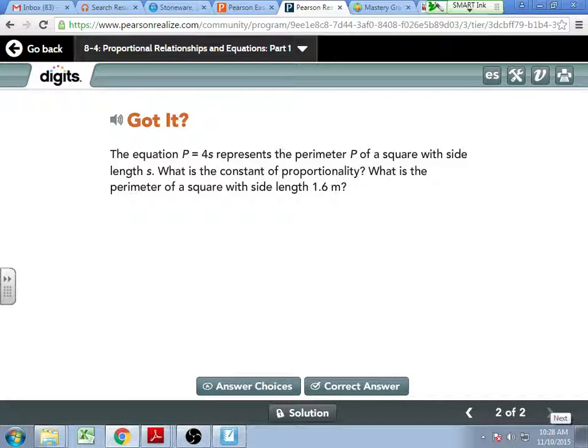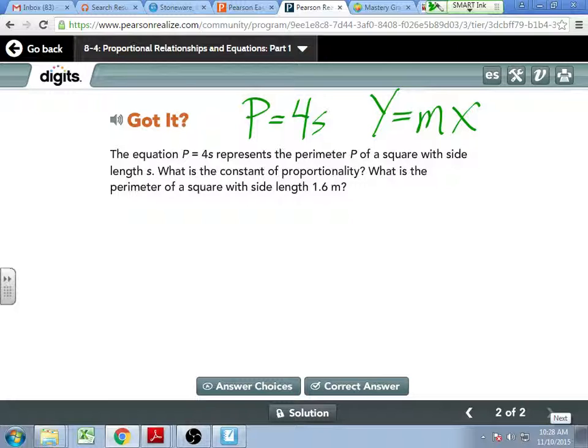Yeah, I'm here. Leah, in the equation P equals 4S, what is our constant of proportionality? This is in the form of y equals mx, but instead of y they used P for perimeter. Instead of x they used S for side length.